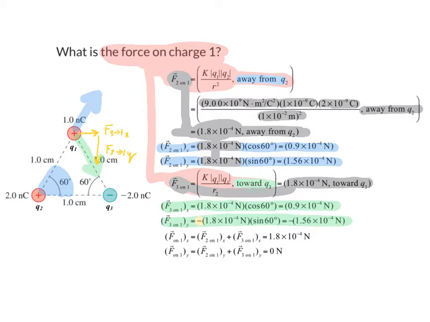And so, again, the y parts cancel because this one is going up. All right. So this is the F2 on 1 in the y direction. Right. And this would be F2 on 1 in the x direction.